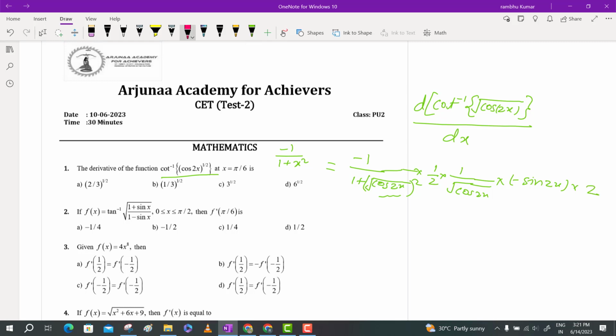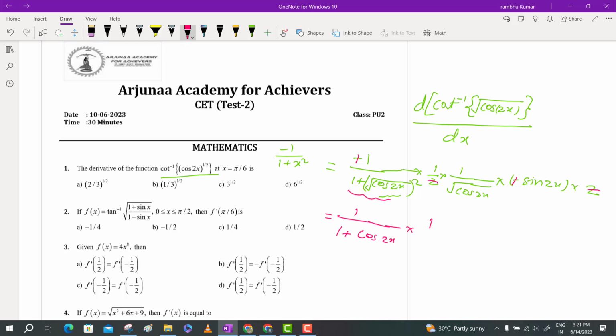Now you can see here this 2 and this 2 we can cancel out, and this minus and this minus will give you plus. Now this is nothing but 1 by 1 plus cos 2x, correct, because the square of the root is there.